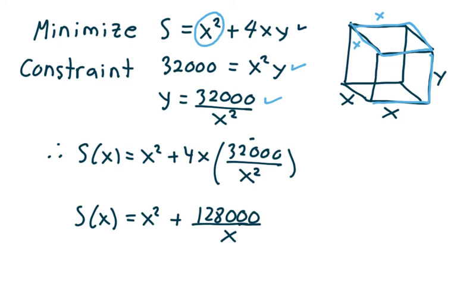And so I'm going to reduce s to a function of one variable. So s of x is equal to x squared plus 4x times 32,000 over x squared. And 4 times 32,000 is 128,000. So s of x is x squared plus 128,000 over x.